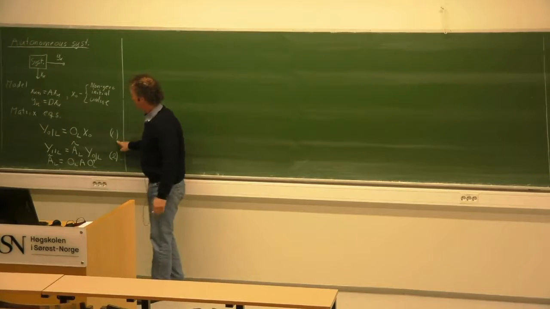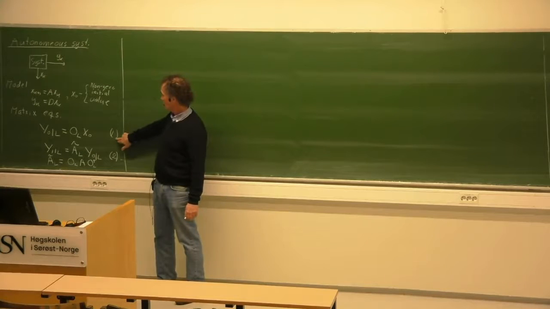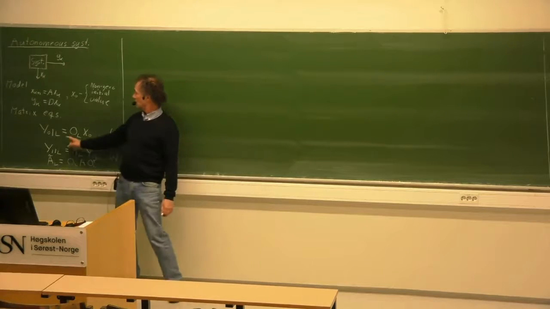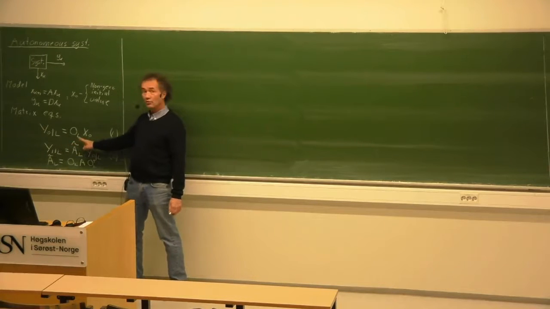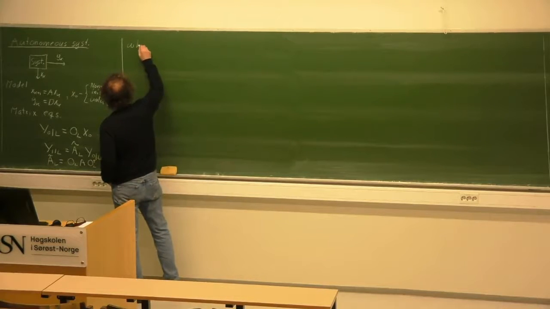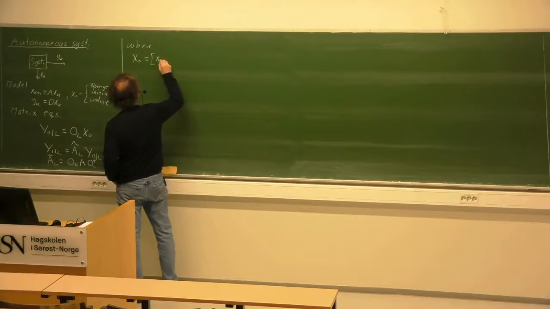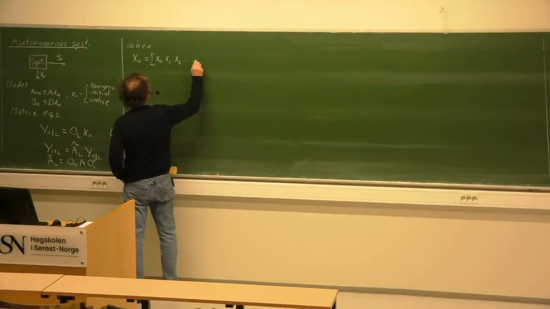From this we derived first one matrix equation, equation 1 here, where this data matrix Y is equal to the product of the extended observability matrix O times a matrix X with states, where X is the matrix of the initial state X0, X1, X2, like this.